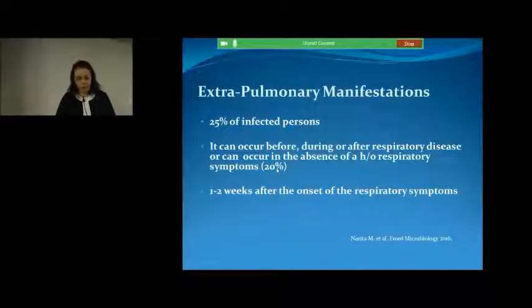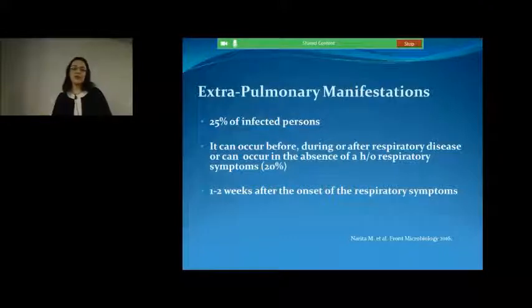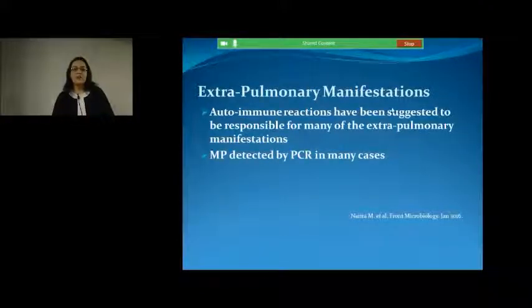In the cases where respiratory symptoms occur, usually the extrapulmonary manifestations develop 1 to 2 weeks after the onset of the respiratory symptoms. They are thought to be secondary to autoimmune reactions caused by the Mycoplasma pneumoniae infection. However, the microorganism has been detected by PCR in many cases, so direct invasion must always be ruled out.